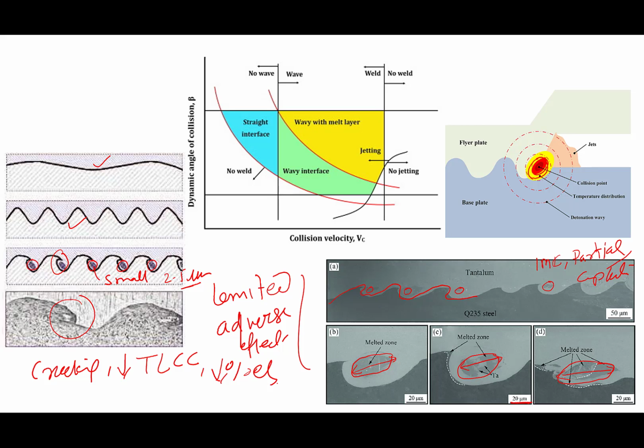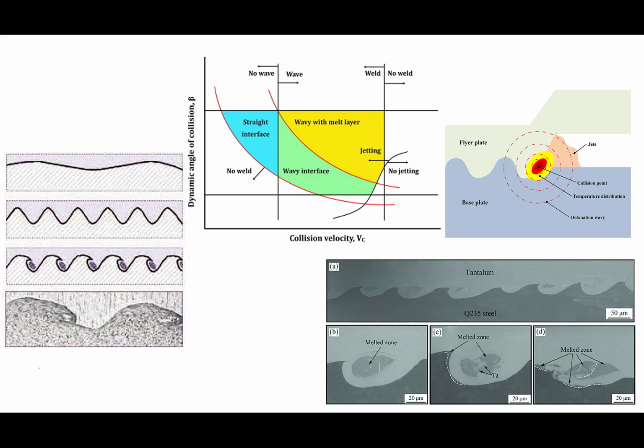So basically the joint performance is badly compromised, due to the presence of these hard and brittle intermetallic compounds, the discontinuities, and the formation of partial or complete melting zones in the jetted region. Another important aspect here is, in these pocketed regions, what are these made of?